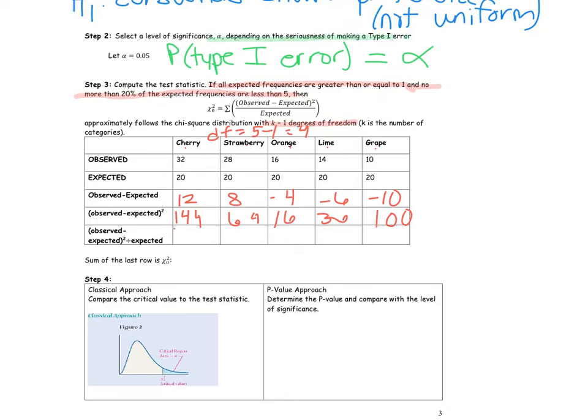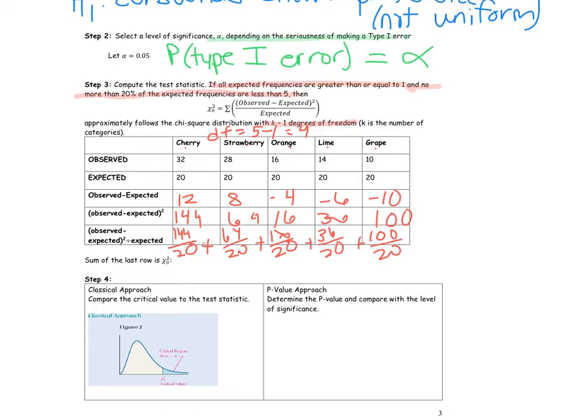So 144 divided by 20, 64 divided by 20, 16 divided by 20, 36 over 20, 100 over 20. Then if we add all of that up, that's our formula and that's our test statistic.